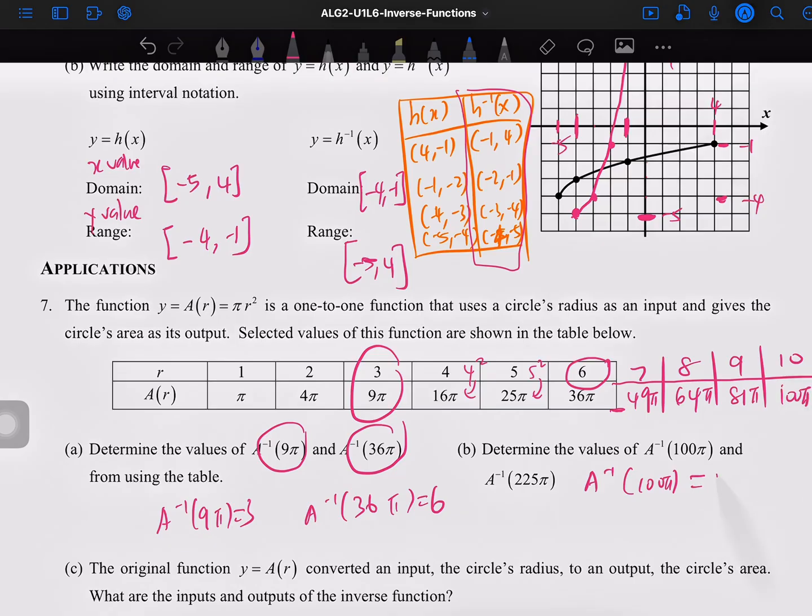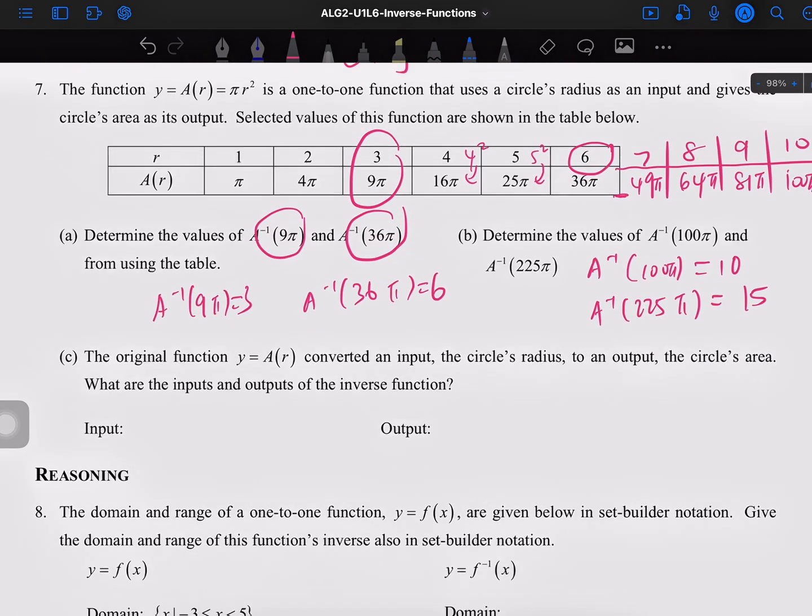So it is 10. And A inverse of 225 pi is 15, because 15 squared is 225.